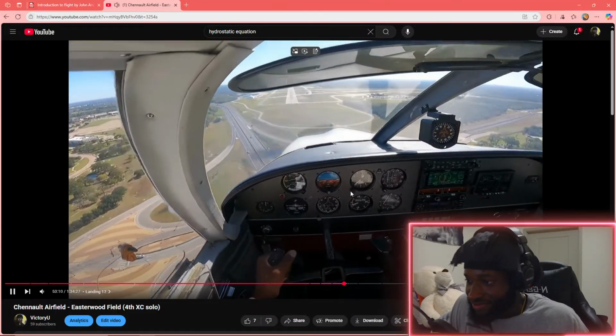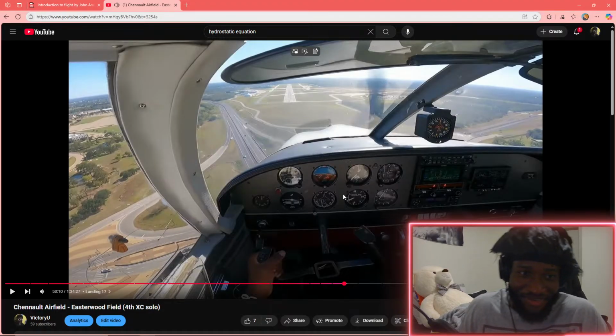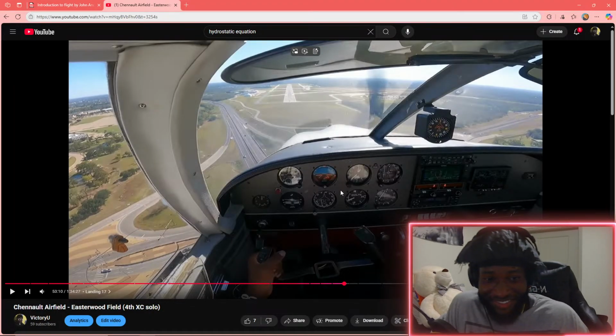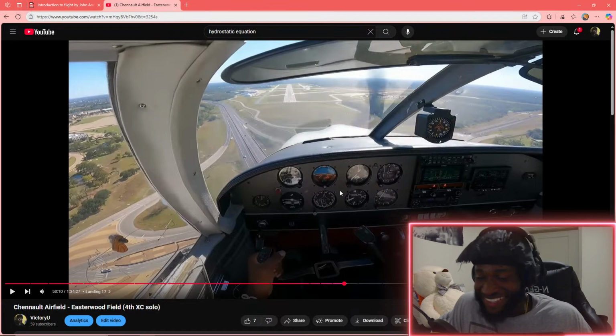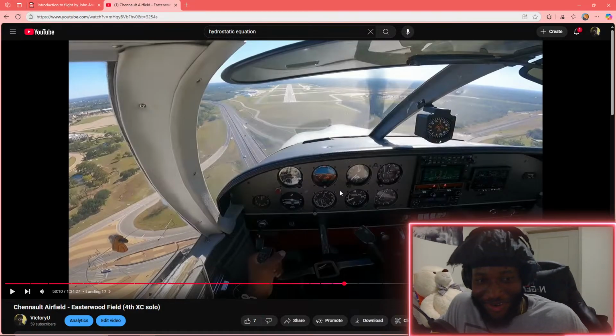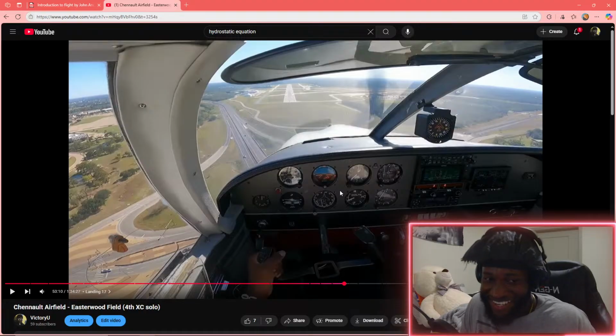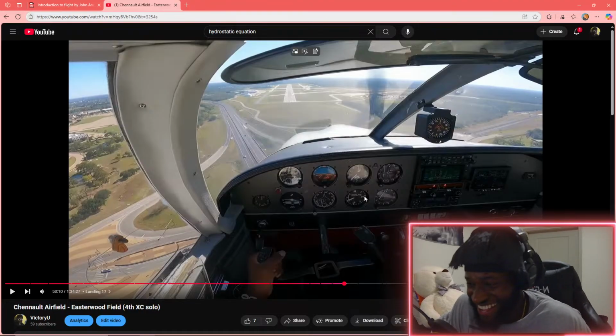UTA, it's a big school though. People complain about body odor at UTA? Like the students' body odor? That's crazy. That might just be the computer engineering and computer science departments, man. That's just that department.